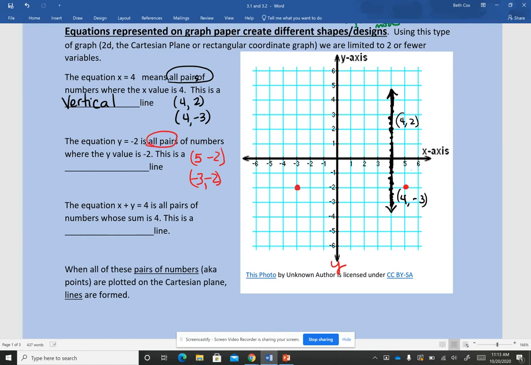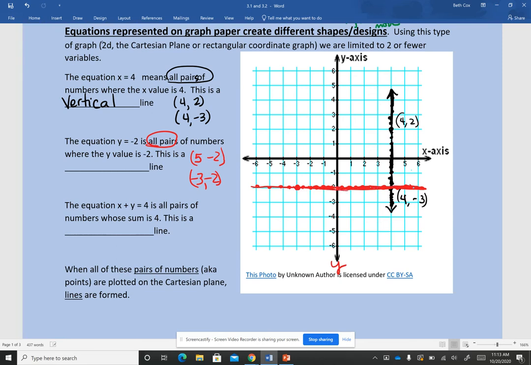And all pairs of numbers where the y value is -2 would be these pairs, all of those. And as I get microscopic, then this becomes a line. And there's more pairs over here, more pairs over here. All pairs, all means all.